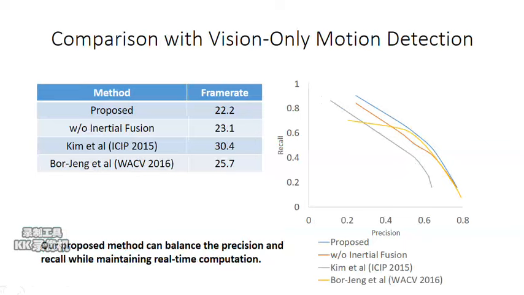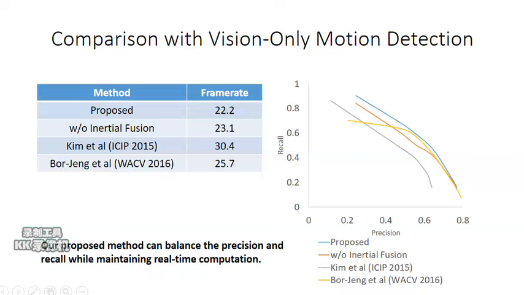In this part, we compare our method with 2 state-of-the-art methods. ICIP 2015 applied 2 single Gaussian models to represent the probability of a foreground and a background of each grid separately, and then spatial temporal properties are utilized to refine the foreground results.